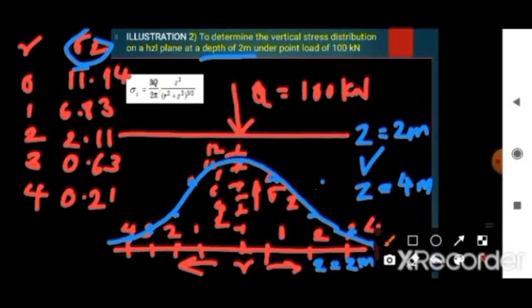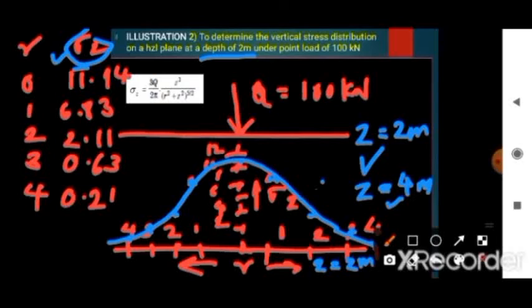I am going to increase the depth to check the influence of depth on sigma z. Let us remember these values: 11.94, 6.83, 2.11, 0.63 and 0.21, and we will compare them with the values we get in the next case, z equal to 4 meter.